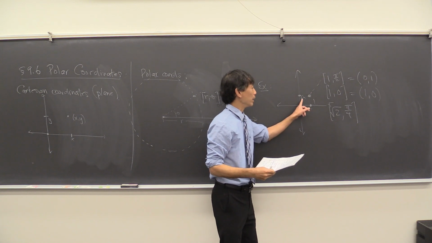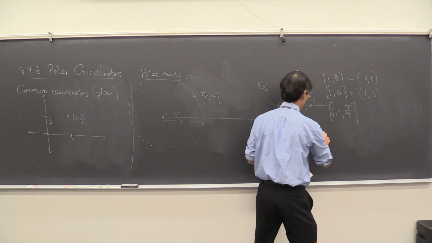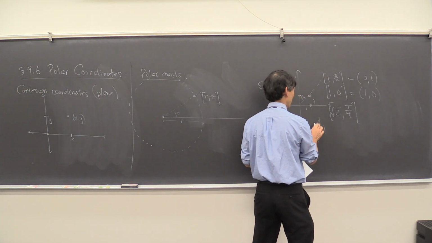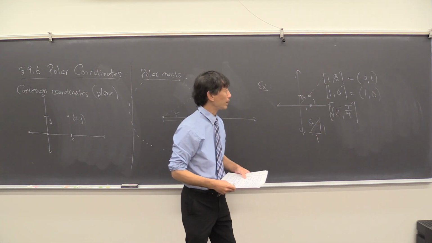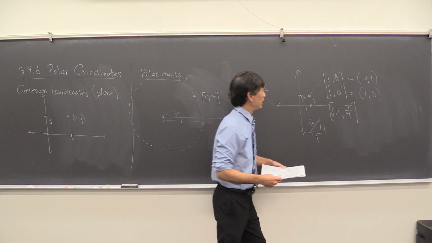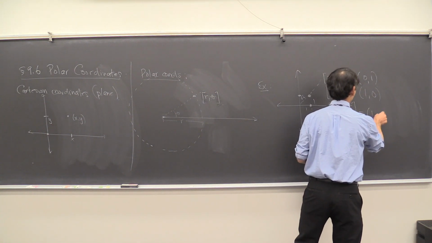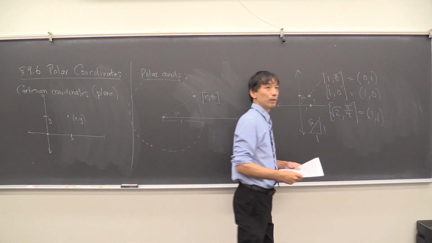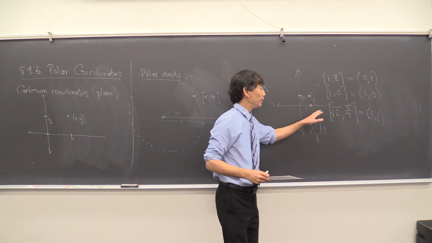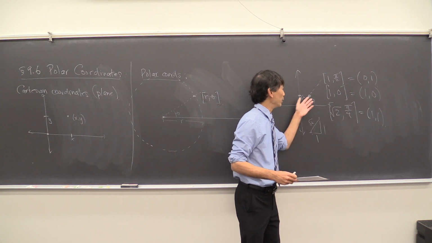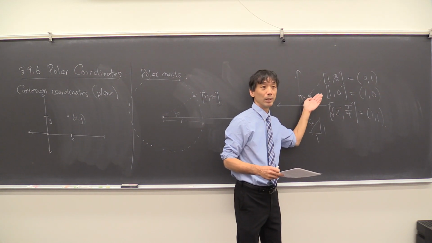If I have a triangle 1, 1, then the Pythagorean theorem tells me that this length is the square root of 2. So that point is actually 1, 1. Anyway, don't worry about the square root of 2, but I hope you get the idea of this coordinate system.